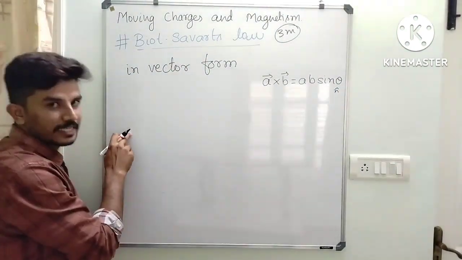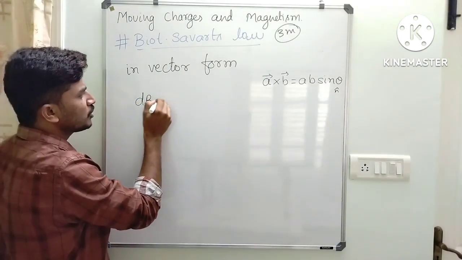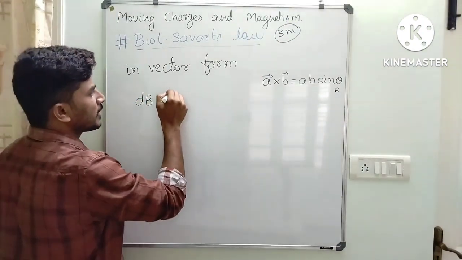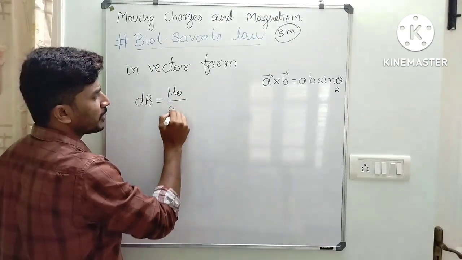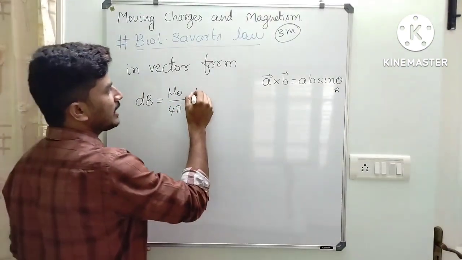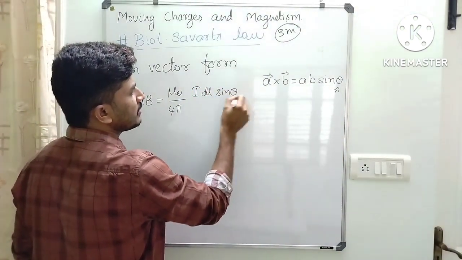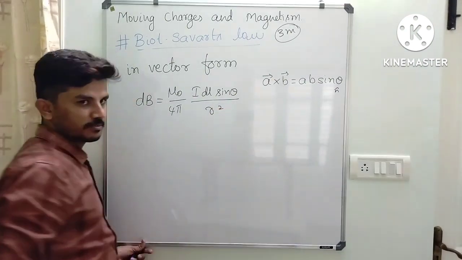Okay. Here in this case, if I take dB, according to Biot-Savart's law, it is given by mu naught by 4 pi I dl sin theta divided by r square, isn't it?